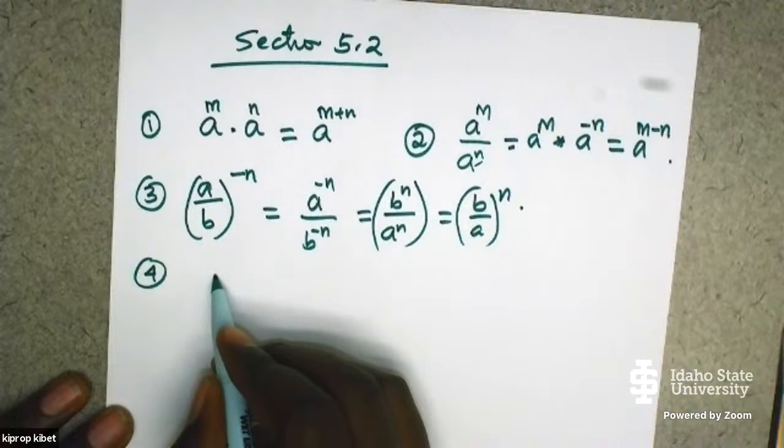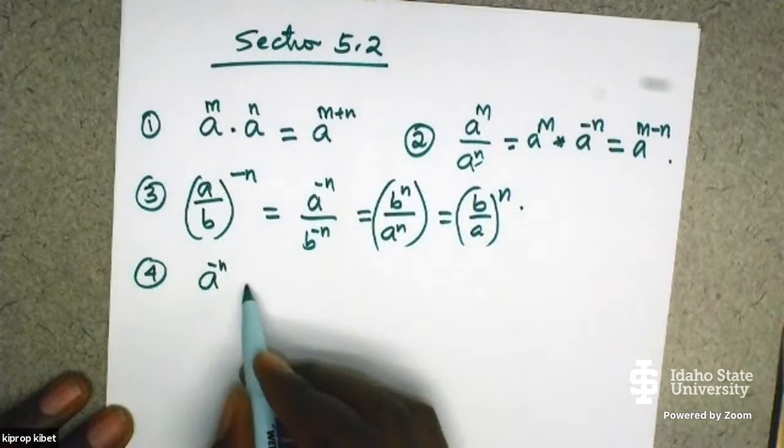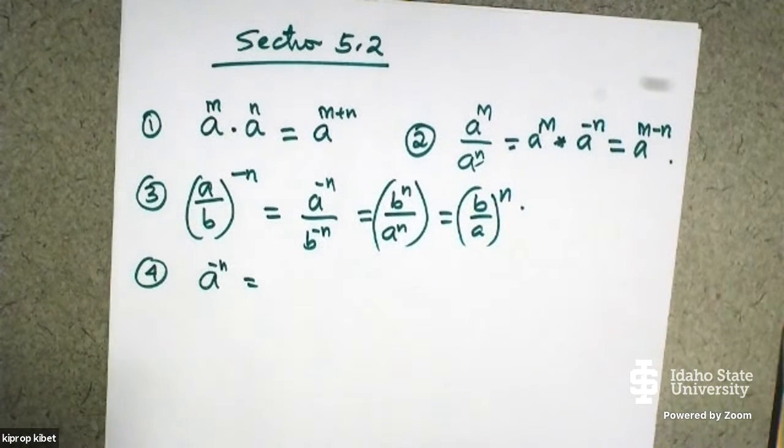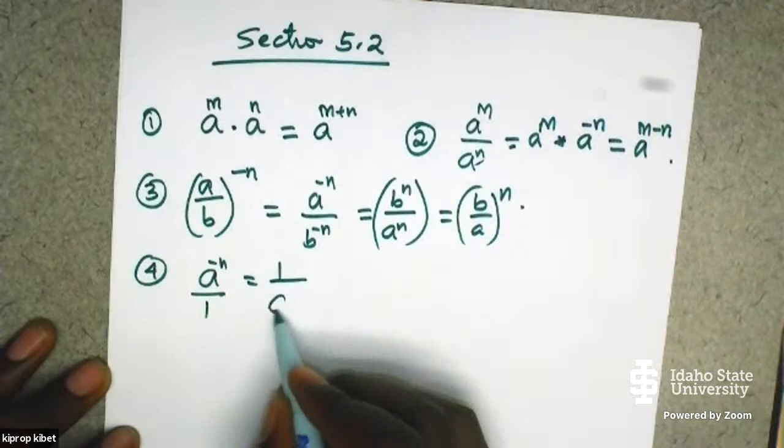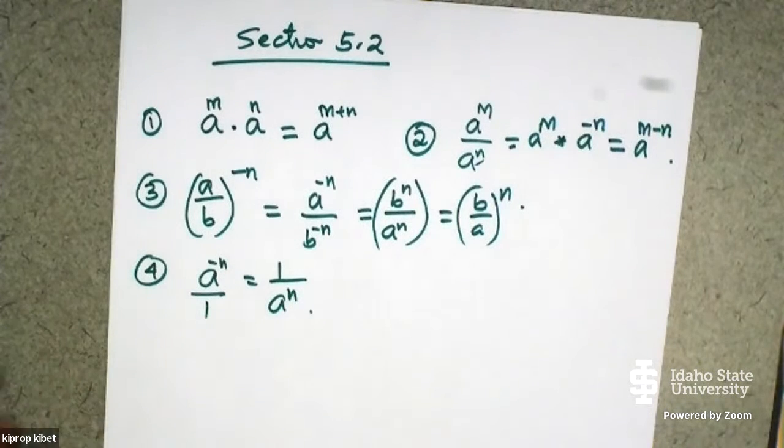If you have a raised to minus n, this is similar to, if you use the first one, a raised to minus n over 1, and this is equal to 1 over a raised to n.